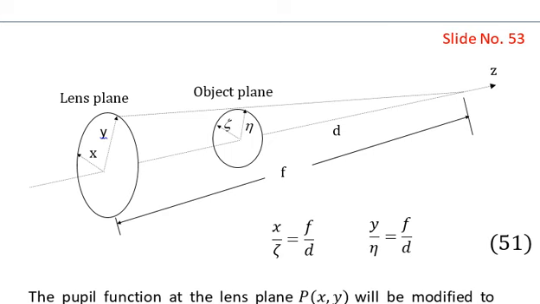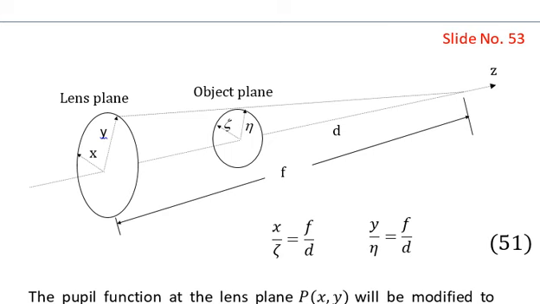So you see that we have actually two right angle triangles. The base of one right angle triangle is equal to f. The other right angle triangle has a base equal to d. The right angle triangle which has the base equal to f has two perpendiculars. One is x, the other is y.